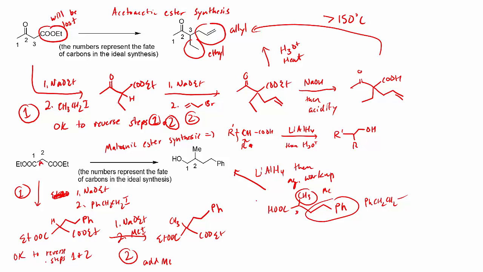Okay, now we have to apply the malonic ester synthesis, which is exactly like the last 2 steps of the acetoacetic ester synthesis. We're going to hydrolyze the esters and then perform a decarboxylation reaction. Okay, all right, so NaOH, then acidify.